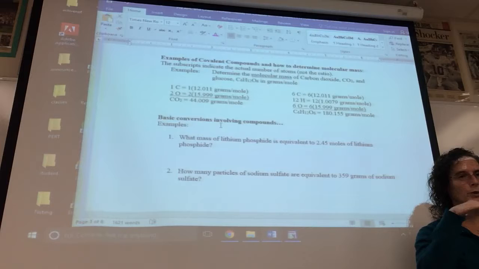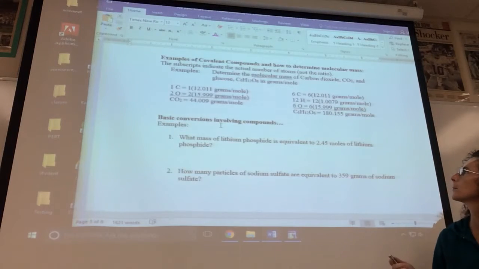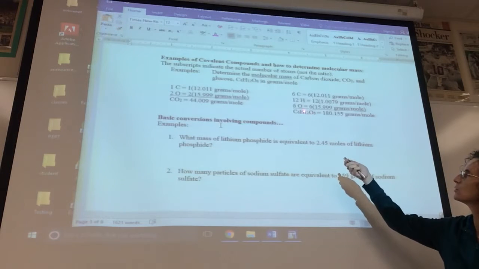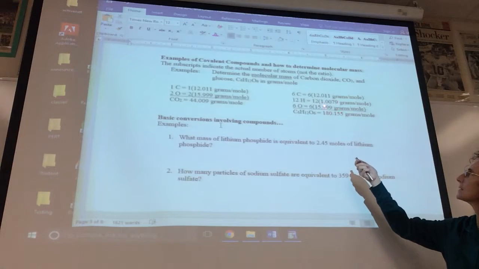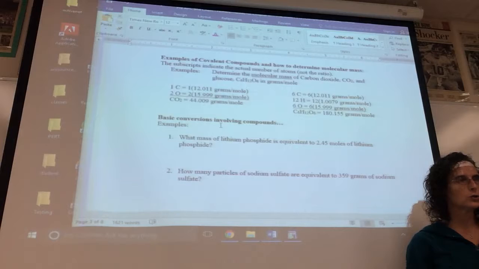Some of you don't really know what condensed structural formulas are. You're welcome to ask. If you have oxygens and nitrogens, don't forget the lone pairs there. Glucose is a simple monosaccharide, which you would have learned about in biology. It has a molecular mass of about 180 grams per mole, and we'll be using that one shortly.